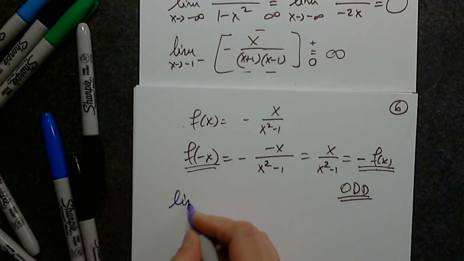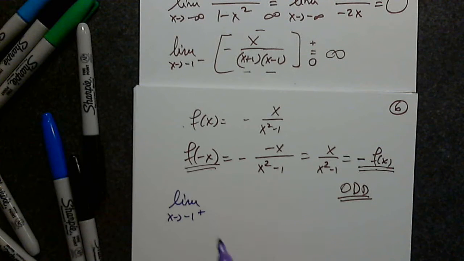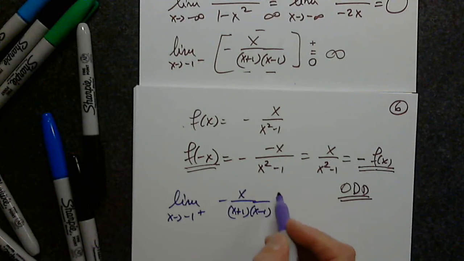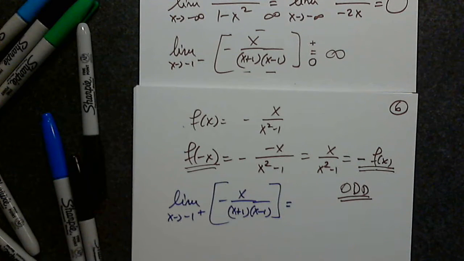So the limit as x approaches negative 1 from the right of negative x over x plus 1, x minus 1. Whatever it is, the numerator is positive, but the denominator is 0. So negative 1 from the right is negative 0.9: negative, positive, negative.